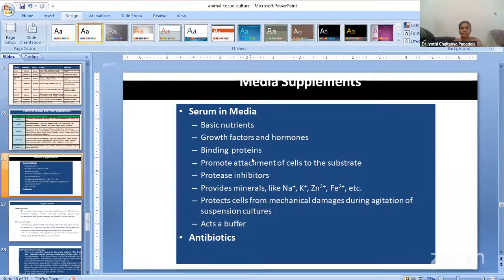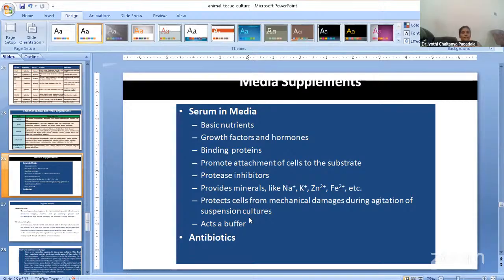So here, media supplements. We already discussed the media supplements, the serum in the media, like basic nutrients, growth factors, and binding properties, and promote the attachment of the cells to the substrate, and protease inhibitors, and several minerals, like we require sodium ions and potassium, zinc, and iron.